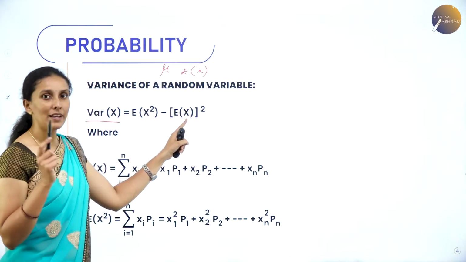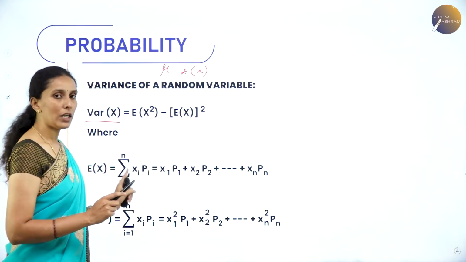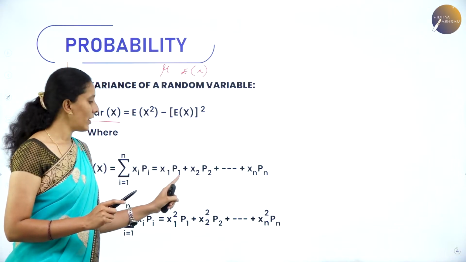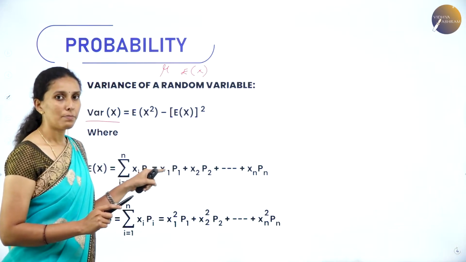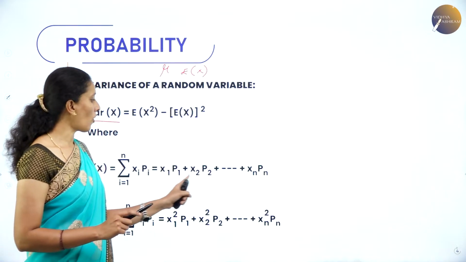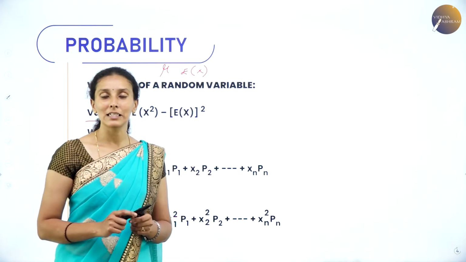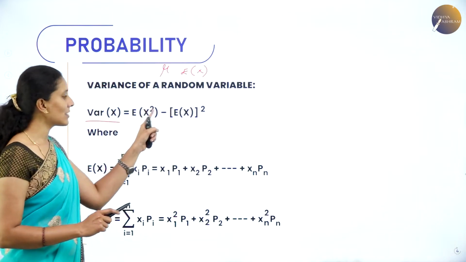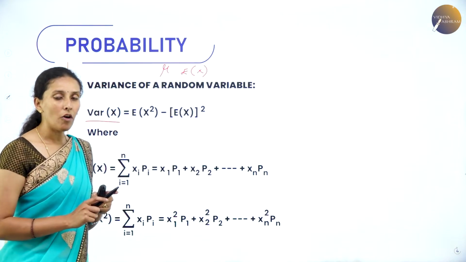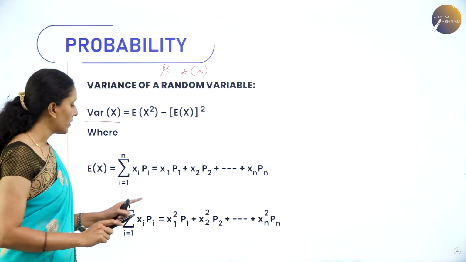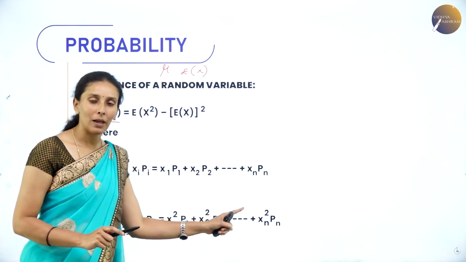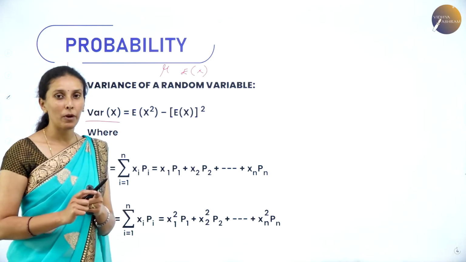E of x means expectation, which we know is the sum of all random variables with their respective probabilities in terms of their product, that is x1 p1 plus x2 p2 plus until xn pn. Now, what does E of x square mean? It is the sum of all products of squares of the random variable along with their respective probabilities.